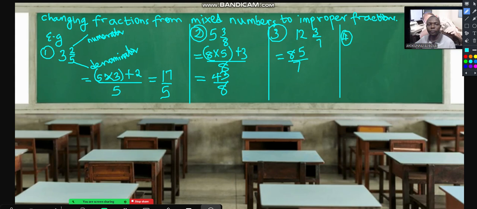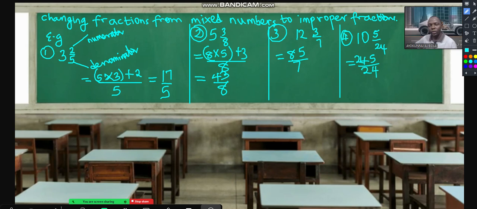So you can have maybe 10 whole number 5 over 24. So we just say 24 times 10, that's 240. 240 plus 5 is 245 over 24. So that becomes the answer.